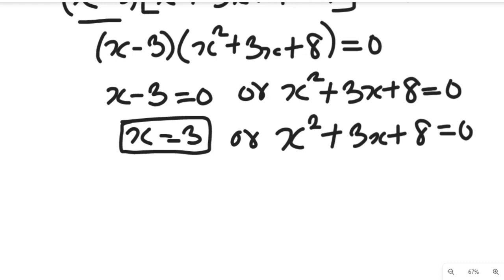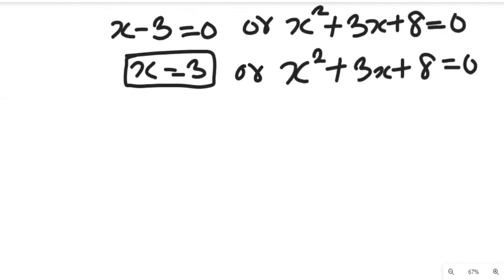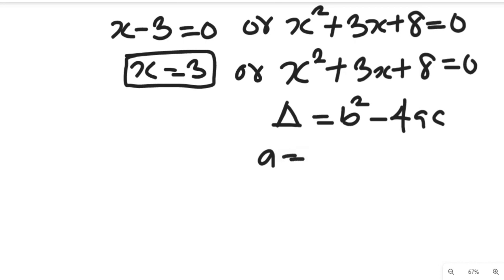So we're going to solve this quadratic equation, but before we solve this quadratic equation, we want to know what the value of the discriminant will give us, to know if it will give us an imaginary solution or a real solution. That will give us our b squared minus 4ac. Remember that our a in this expression is equal to 1, our b is equal to 3, and our c is equal to 8.